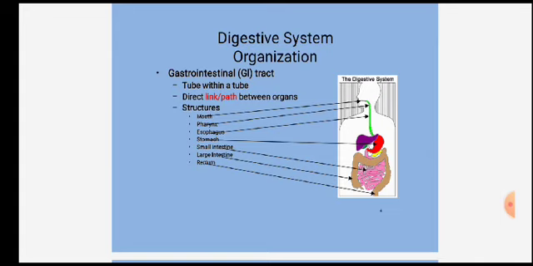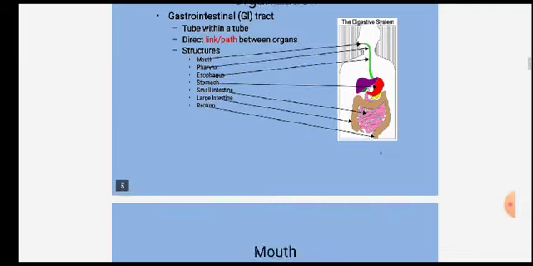The digestive system consists of the mouth, second the pharynx, third the esophagus, fourth the stomach, fifth the small intestine, sixth the large intestine, and then the rectum. These organs are interconnected with each other with the help of the alimentary canal.